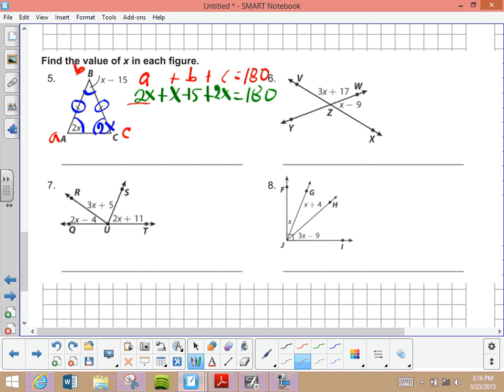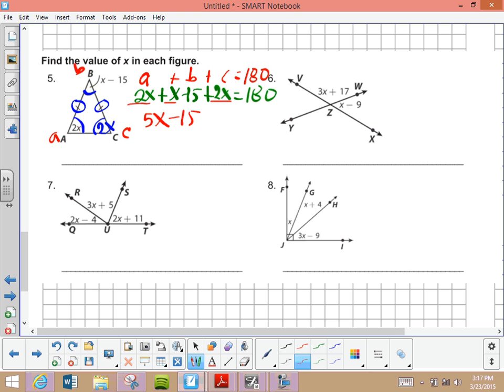All right, so what do I do here to make it easier? Combine the x's. 2, 3, 5. So I get 5x, and then I have, that was minus, that wasn't plus. Minus 15.